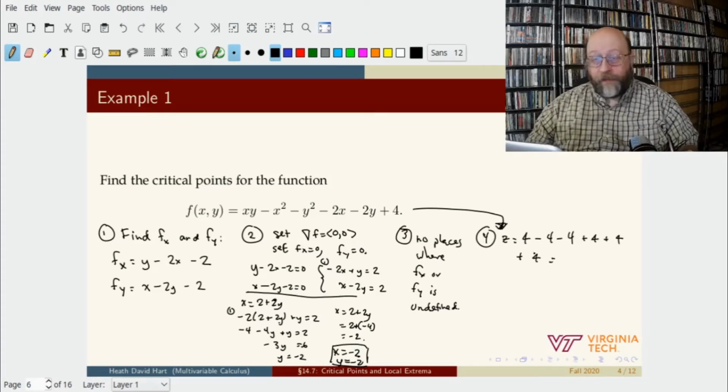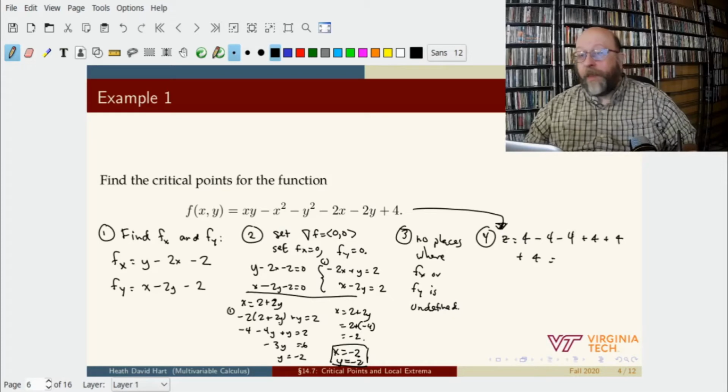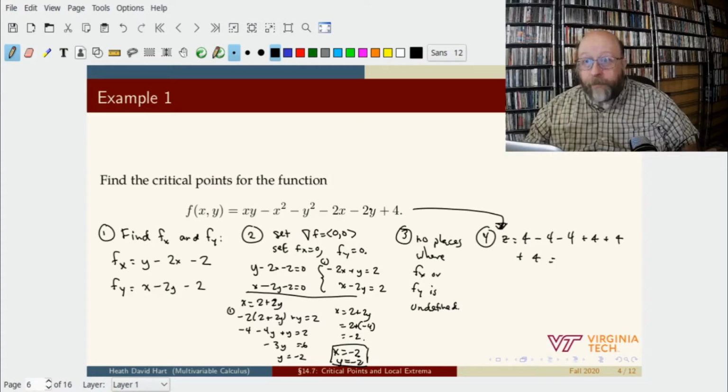This is confusing because all of these terms turn out to be 4s, but they cancel out nicely. I have 4 positive 4s and 2 negative 4s. So this one cancels with this one, and this one cancels with this one, and I'm left with 8.